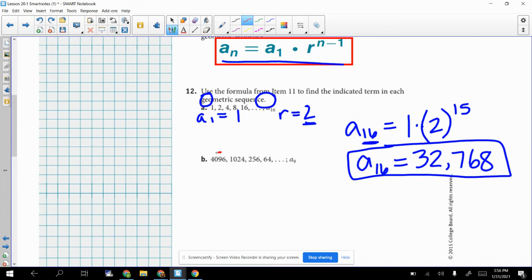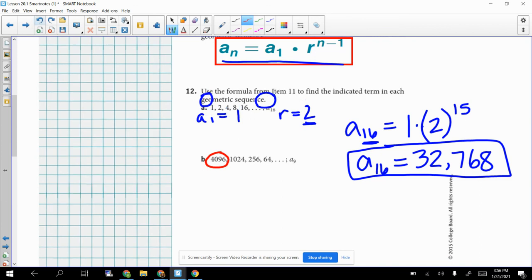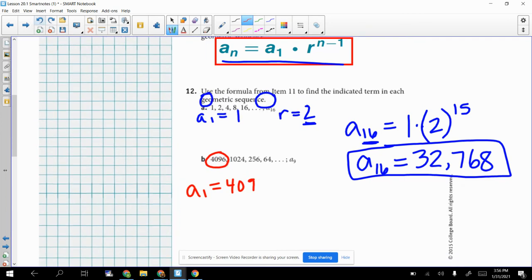So let's first find our a sub 1, which is, in this case, 4,096. And then our common ratio, these numbers are getting smaller. So again, we know it's going to be a fraction. So what are they getting smaller by? Well, if we keep dividing by 4, that's what's happening. So the common ratio here is 1/4.